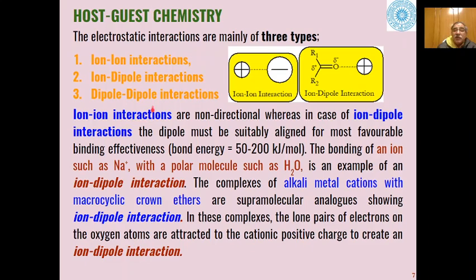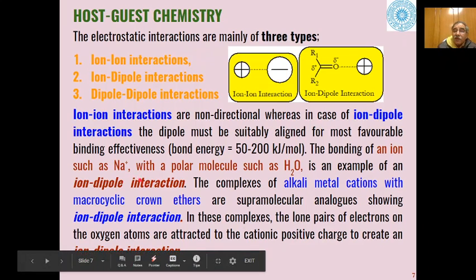The ion-ion interactions, they are non-directional, whereas ion dipole interactions, the dipole must be suitably aligned for most favorable binding effectiveness, so that the bond energy is between 50 to 200 kilojoules per mole.